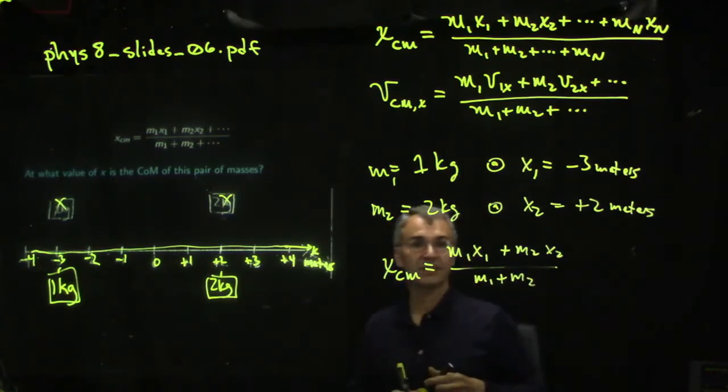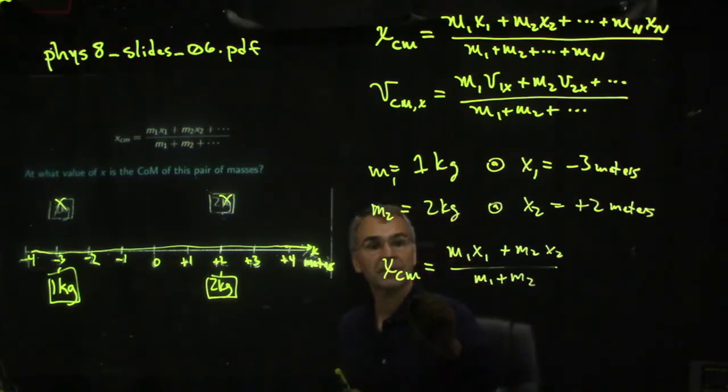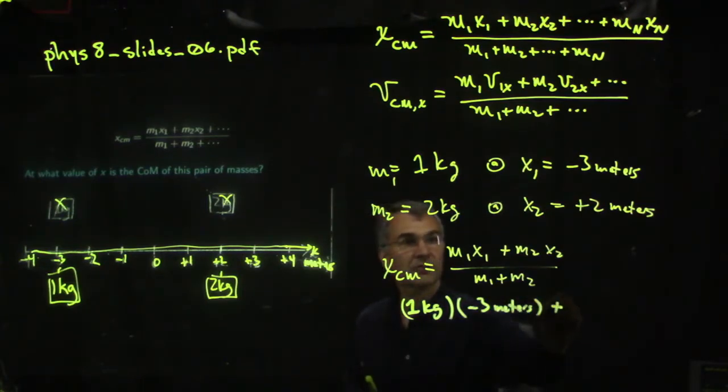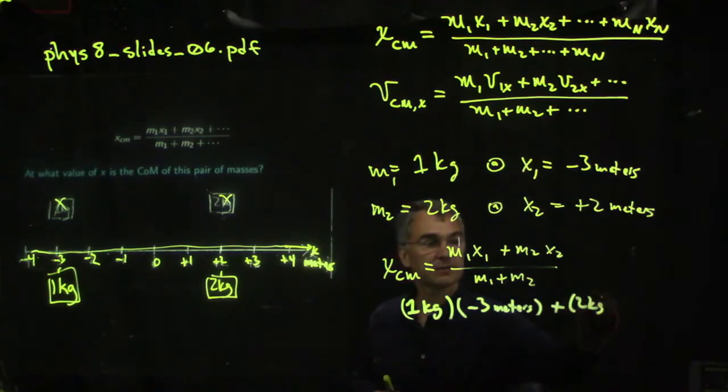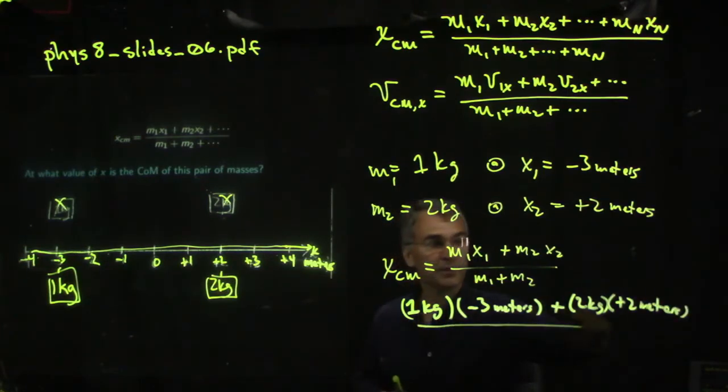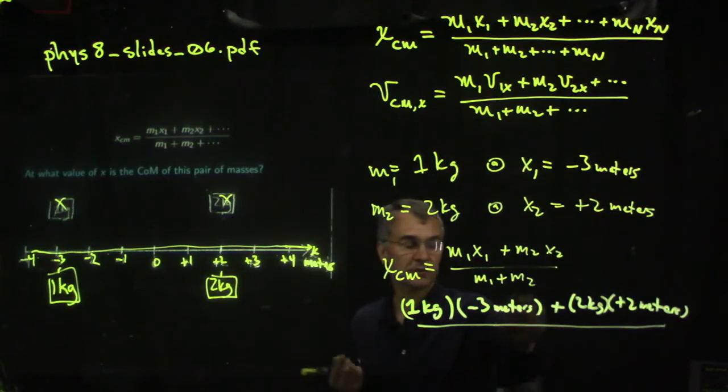And that is 1 kilogram times minus 3 meters plus 2 kilograms times plus 2 meters, and in the denominator the sum of the two masses, 1 kilogram plus 2 kilograms, which is 3 kilograms, right?